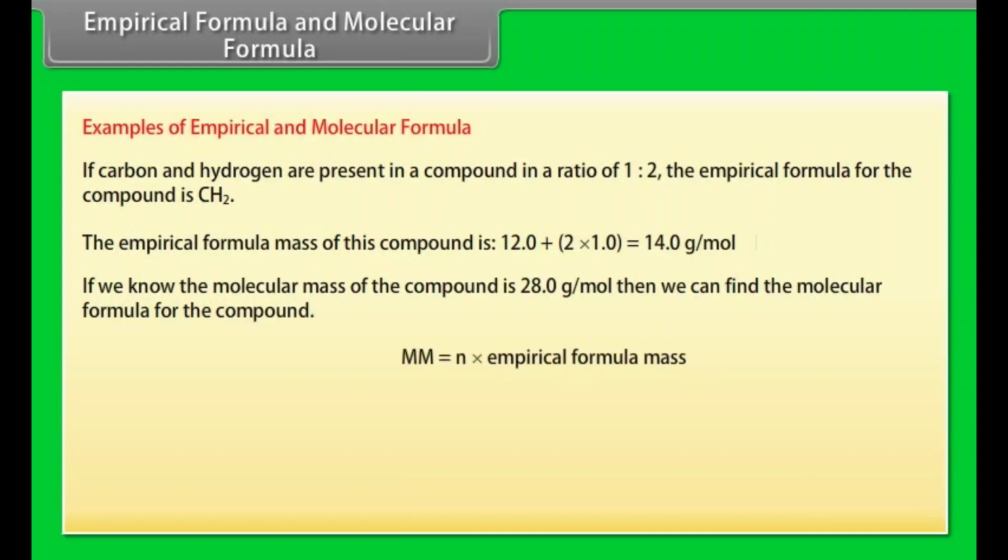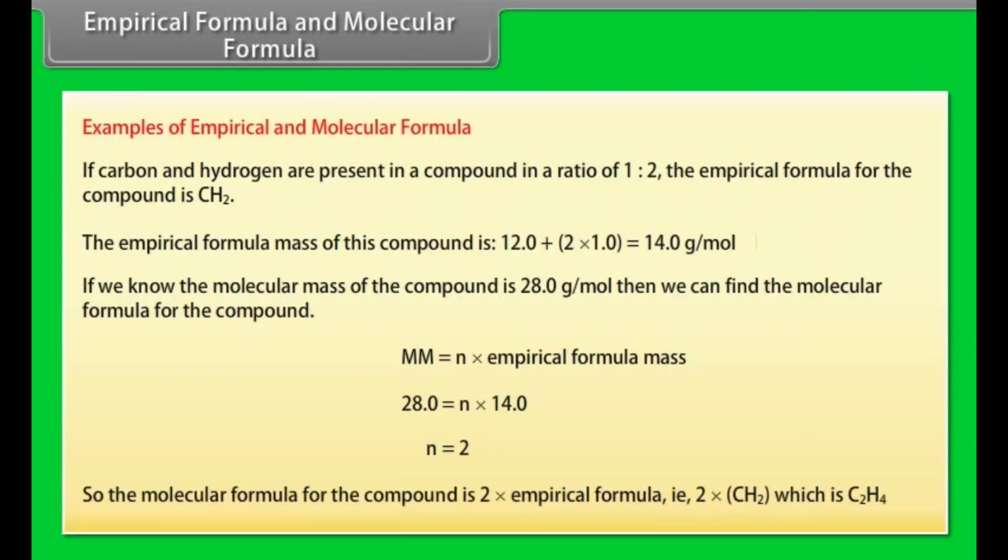M is equal to n × empirical formula mass. 28.0 is equal to n × 14.0. So n is equal to 2. So the molecular formula for the compound is 2 × empirical formula, that is 2 × CH2, which is C2H4.